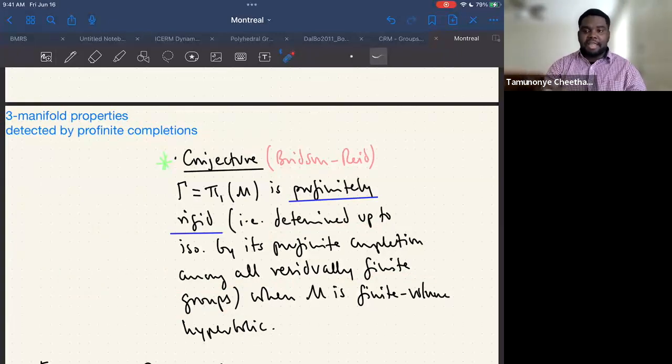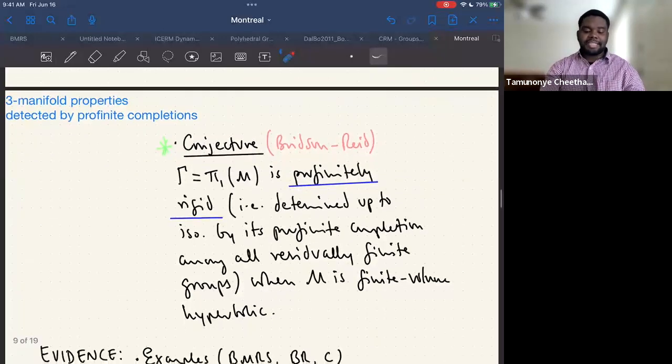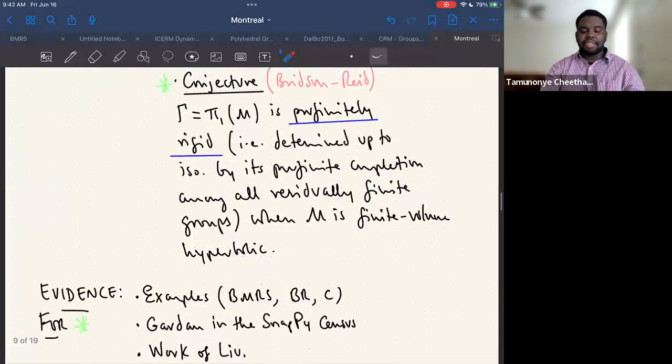What evidence do we have for it? We have examples, right? We have examples due to Bridson, McReynolds, Reid, and Spitler. We have further examples due to Bridson, Reid, and I also have some examples building on work of Bridson, Reid, and Bridson, McReynolds, Reid, Spitler, of lattices in PSL2C that are completely determined among all.